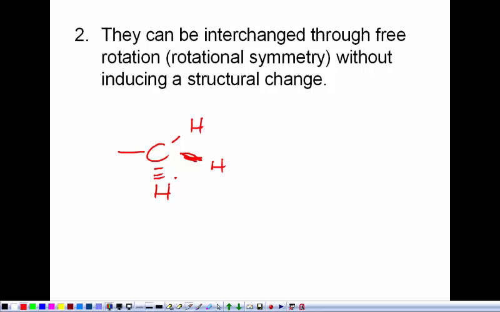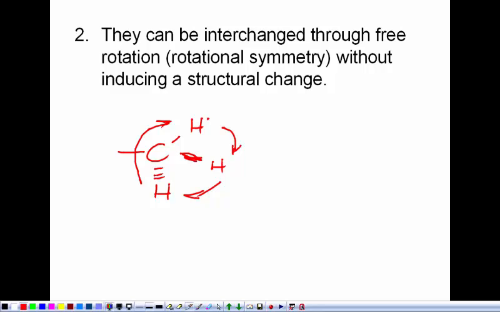If you rotate around that bond, I can rotate this hydrogen into this one's position, and then this one into that one's position. So at room temperature, where you've got lots of energy and lots of different conformations, those 3 hydrogens can be rotated into each position, which is going to make all the hydrogens equivalent to each other by rotational symmetry.